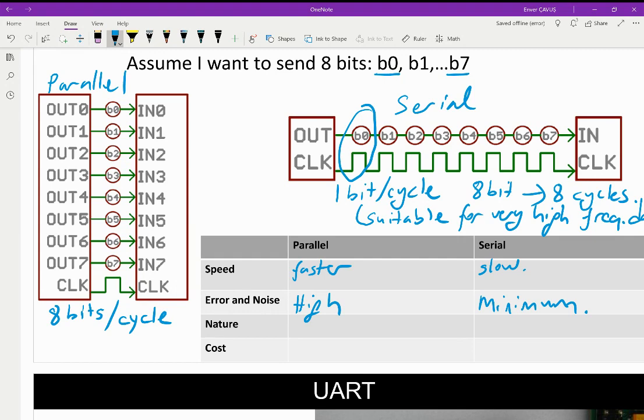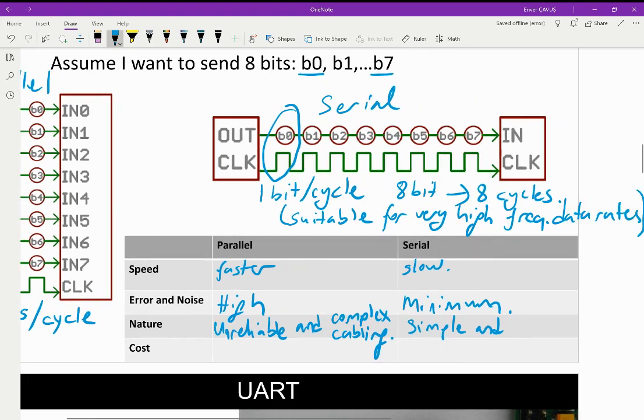So the parallel interface is unreliable and it requires complex cabling. On the other hand, the serial interface is simple and straightforward.